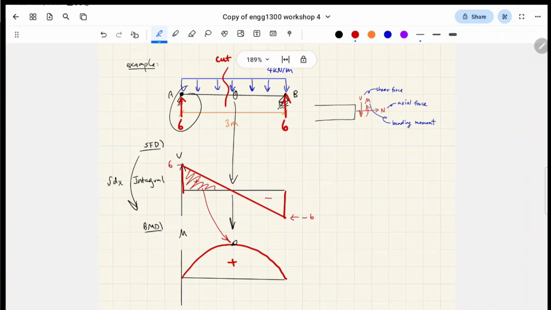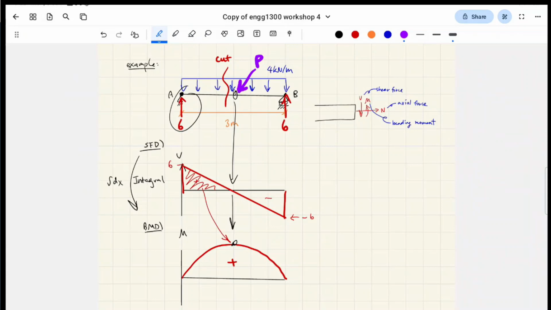For axial force, unless you have a diagonal point load, for example, you might not even see axial force on a beam. Axial force is all about compression and tension, and whether the beam is in compression or tension. So it's more like what you see in a truss.